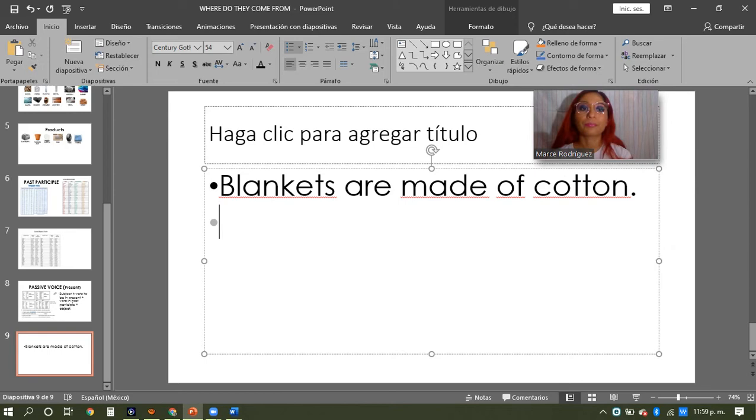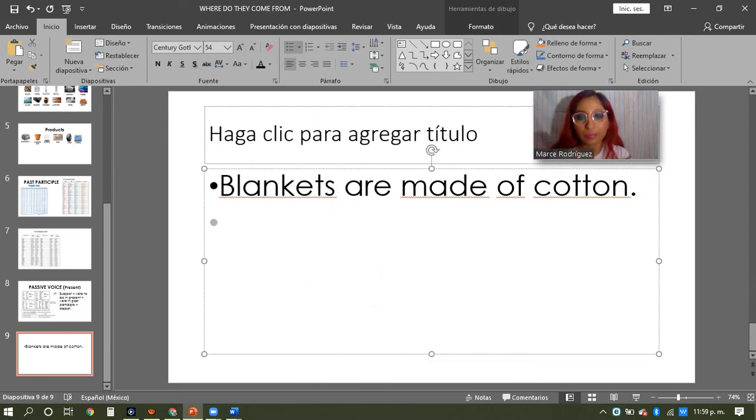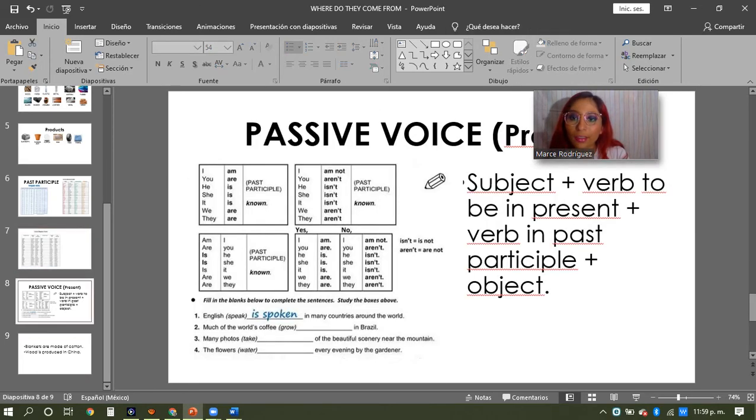Another example. Wood, singular, is produced in China, for example. Another exercise.